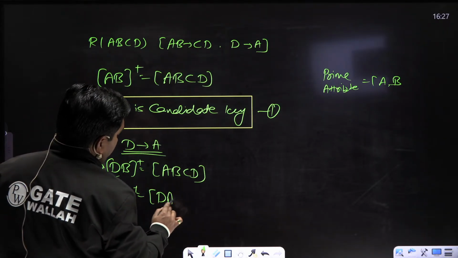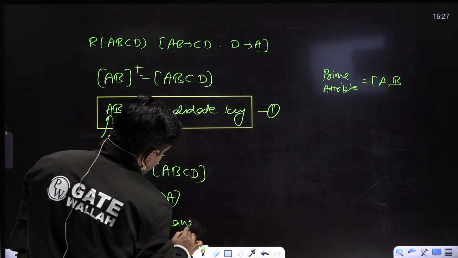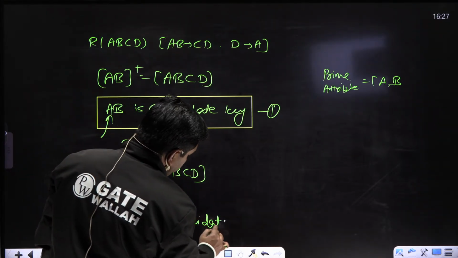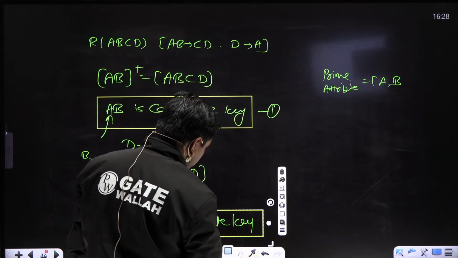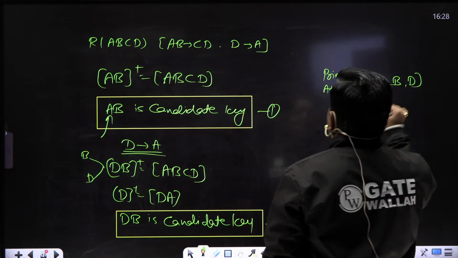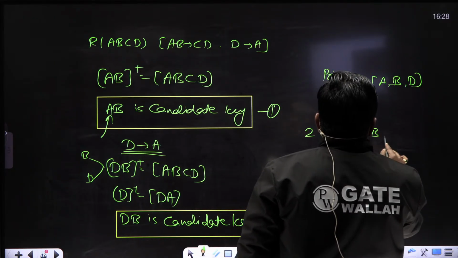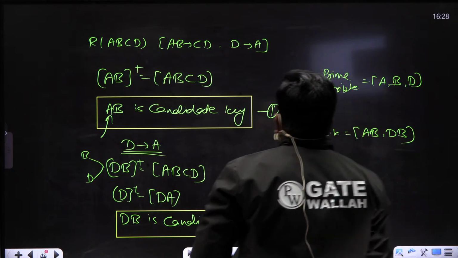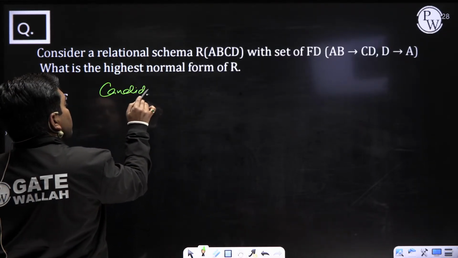Only DA, not all attributes. So the next candidate key is what? DB. So D is also added. There are two candidate keys, AB and DB, my dear. Now come to that part. Here the candidate key is what?